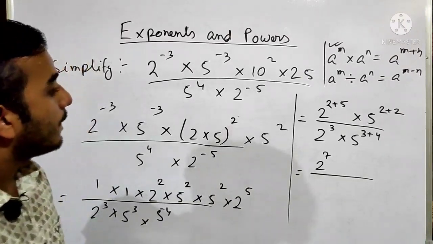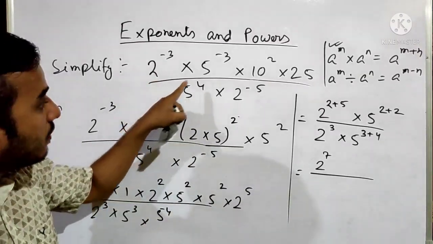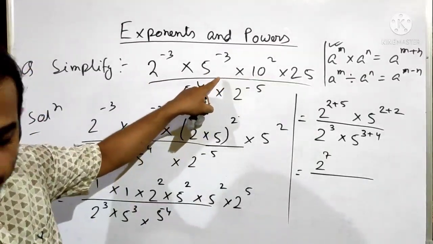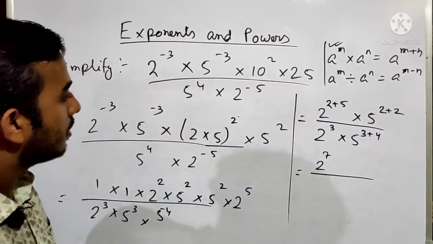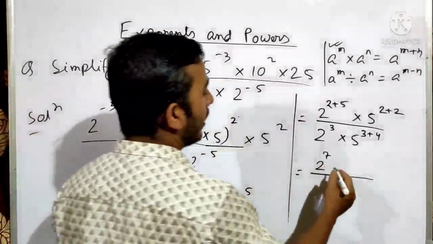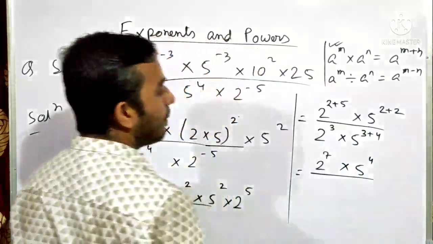Okay, let me check the question. This 2 power minus 3, 5 power minus 3, 10 square, 25, 5 power 4, 2 power minus 5. Okay, 2 power 7 into 5 power 4.